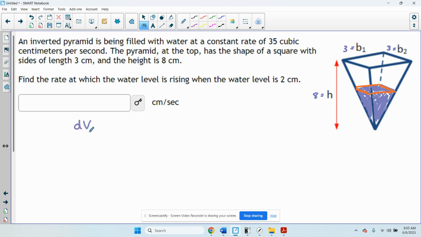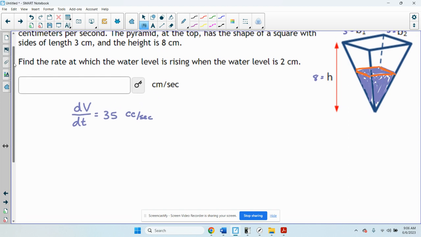So dV/dt, the volume of the water with respect to time, is changing at a rate of 35 cubic centimeters per second. This pyramid at the top has dimensions of 3 by 3, and the height of the pyramid is 8 centimeters. That doesn't pertain to the water we're talking about, but we're going to use that to find some values of the water.